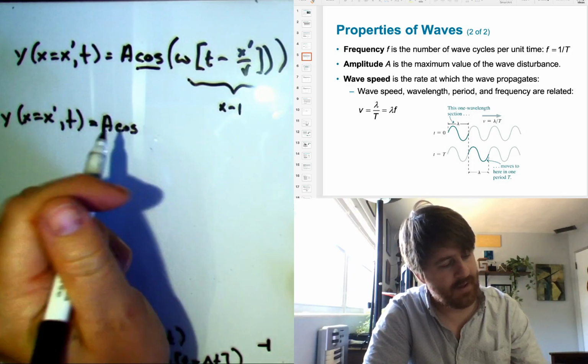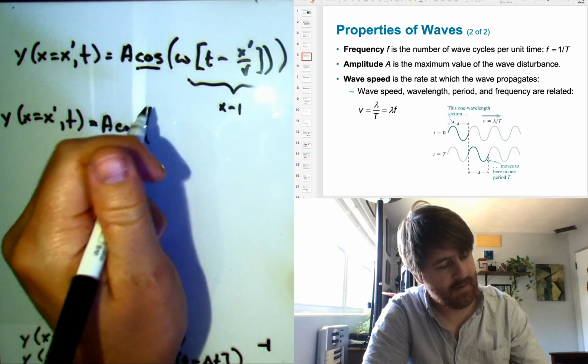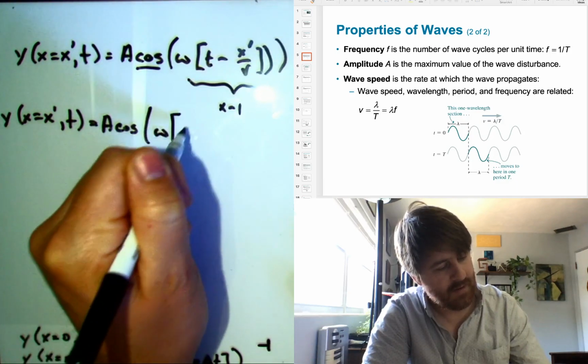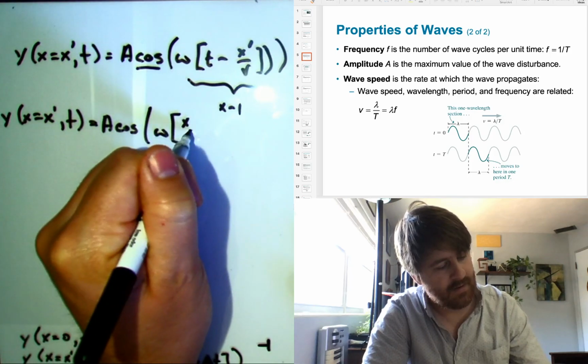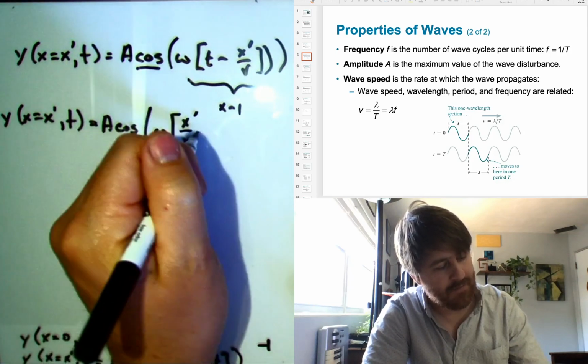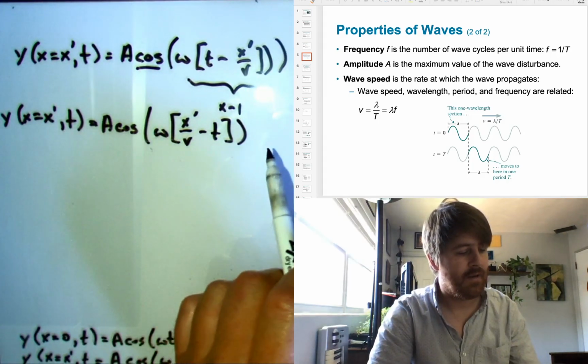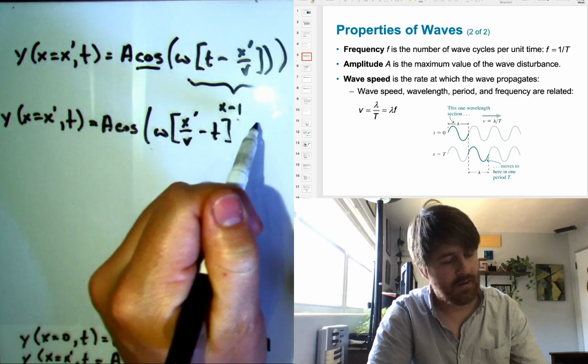Let's write this as omega times x prime divided by v minus t. Okay, so we just multiplied the argument by -1.